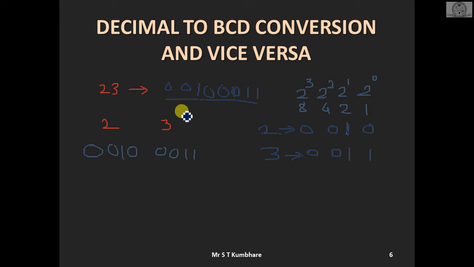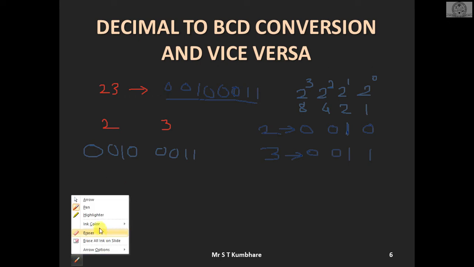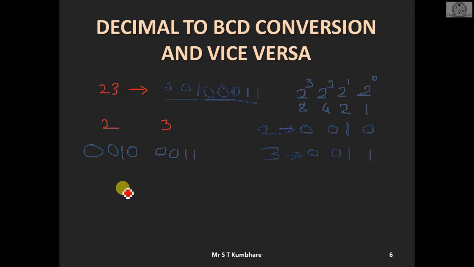Now the BCD code for a decimal number above 9, like this 23, or any number other than 0 to 9, if we form a BCD code for the decimal number which is above 9, then this is known as packed BCD.